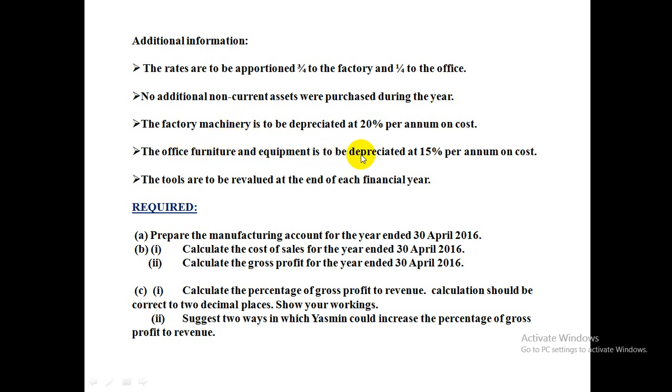Office furniture and equipment to be depreciated 15% per annum. Loose tools are revalued, as I told you. Requirement: manufacturing account for the year ended 30th April. And we have more requirements of cost of sales and gross profit percentage, etc. Let's move to the first requirement of manufacturing account.